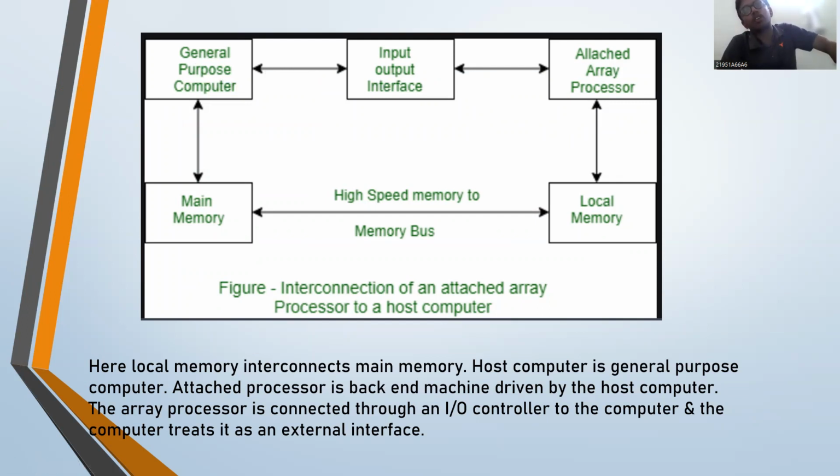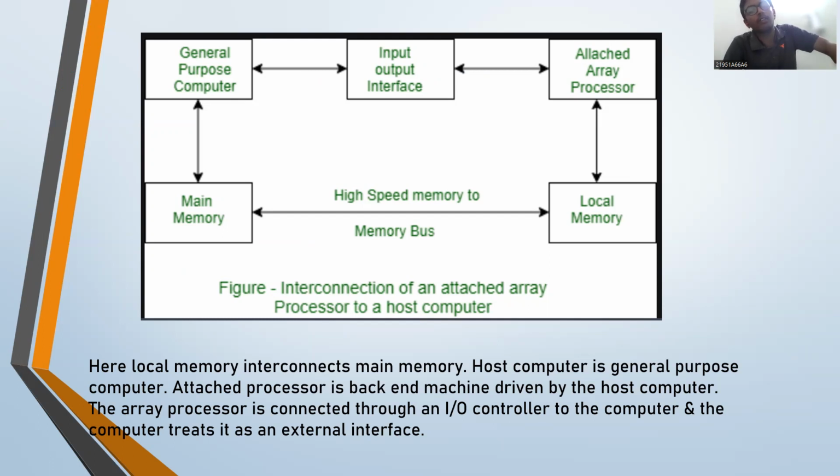This array processor goes to local memory, and the general purpose computer goes to main memory. And these two are connected by a high speed memory to memory bus. This is the interconnection of an attached array processor to a host computer.